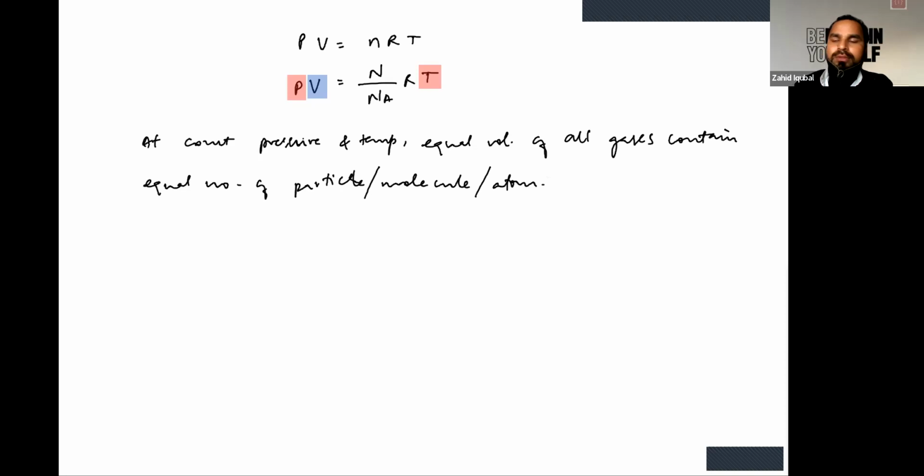And that is equal to Avogadro number, that is 6.02 × 10 to the power 23. Is it clear? Yes, sir.